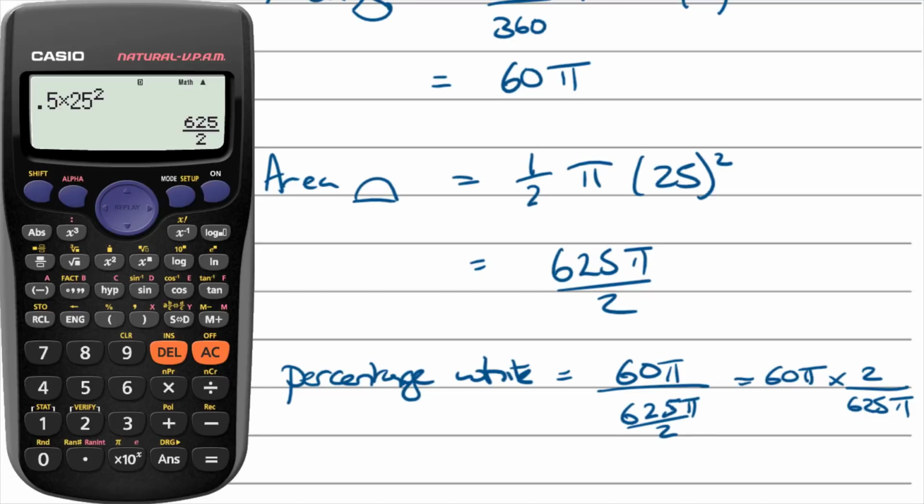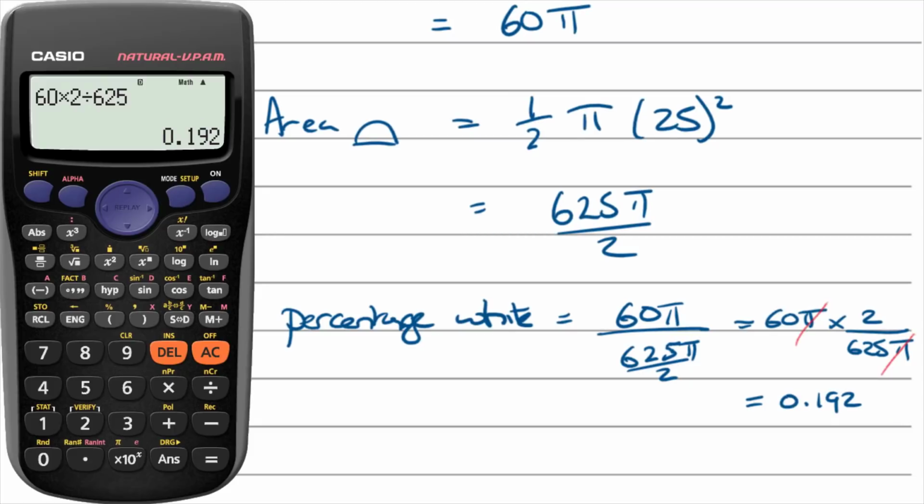So that's where the pi's are going to cancel out. So then I've got 60 times 2 divided by 625, which equals 0.192. So as a percentage, that's 19.2%.